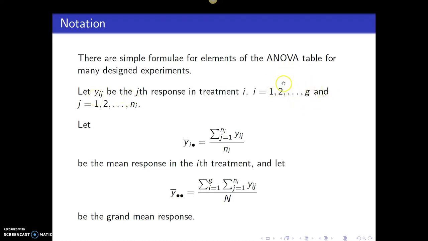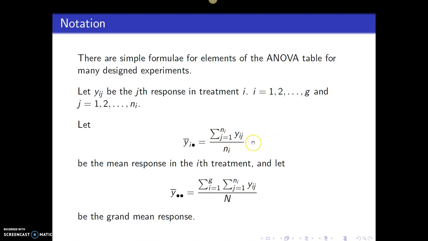So we have G treatment groups, so notice i varies from 1 up to G. So we have values that belong to group or level 1, level 2, on up to level G. But within each level, let's say we're in level 1, there are observations going from 1, 2, on up to N1. So we have N1 observations in level 1, N2 observations in level 2, on up to NG observations in level G.